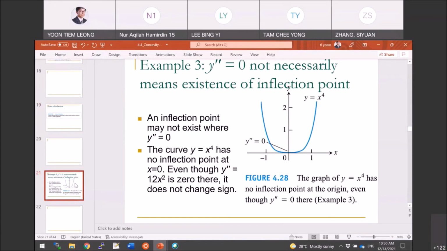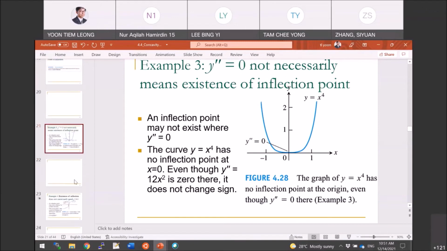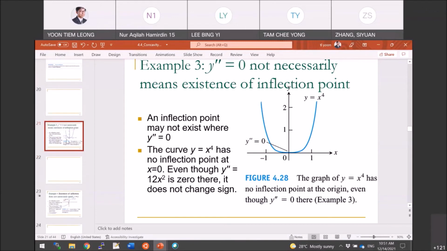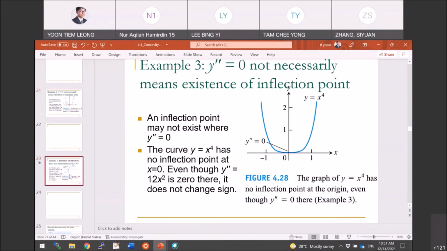A point where y prime prime is 0 does not necessarily infer the existence of an inflection point. An inflection point must only be defined as existing if there is a change of sign across that inflection point. Okay, so this is just a counterexample to you. You don't simply say y prime prime is equal to 0, so that must be an inflection point. No, it's not always like this. Now, this is a situation.